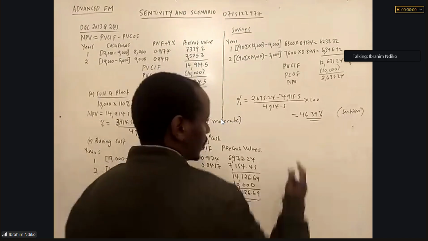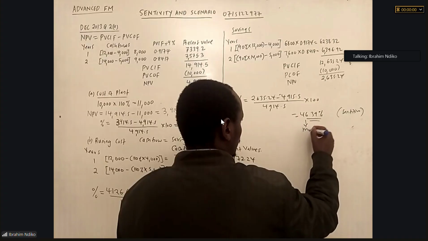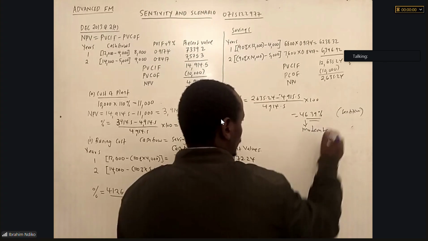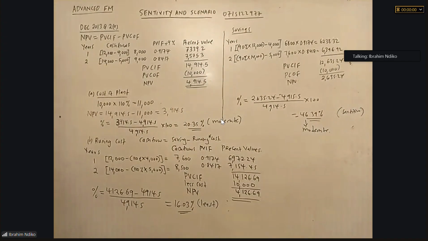Most sensitive will be more than 50%. Then it can also be moderate, severe. Then more sensitive, maybe we talk at 50 or even 60%. Tuko sawa? Yes.